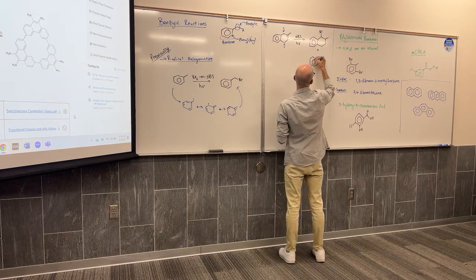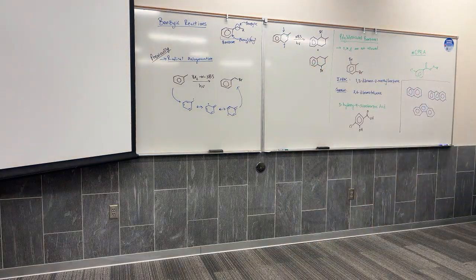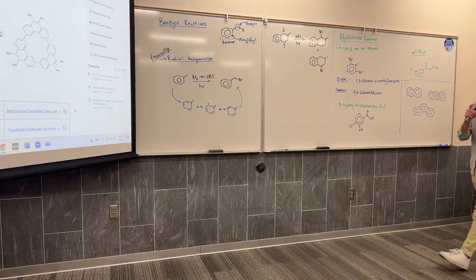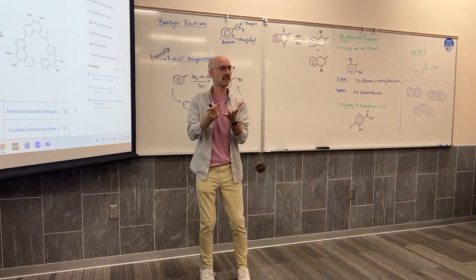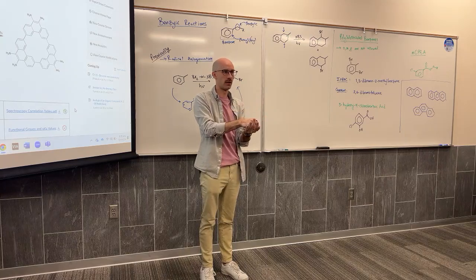And although it's beyond the scope of our class, we could probably predict which of these products is more major and which is more minor, because we just reviewed that typically the bromine prefers to go to a more substituted carbon.